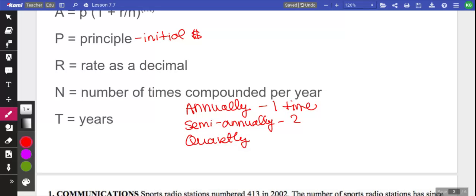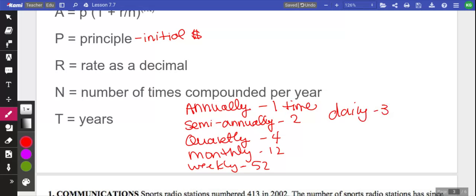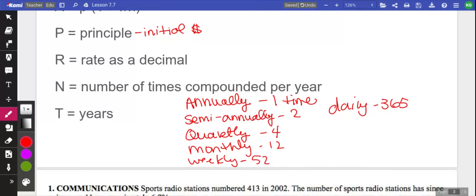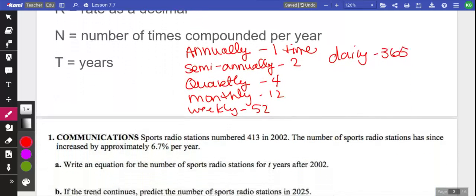Quarterly is 4 times per year. Monthly, 12. Weekly, 52. And daily, 365. And T, time, again, will be in years.